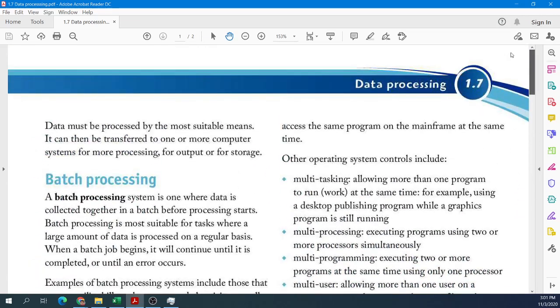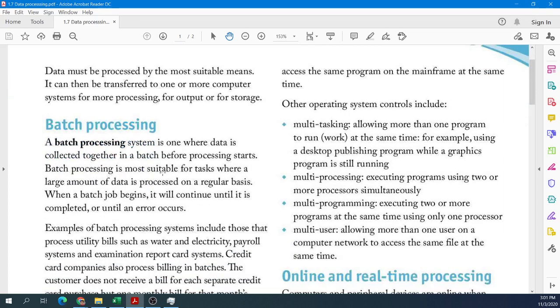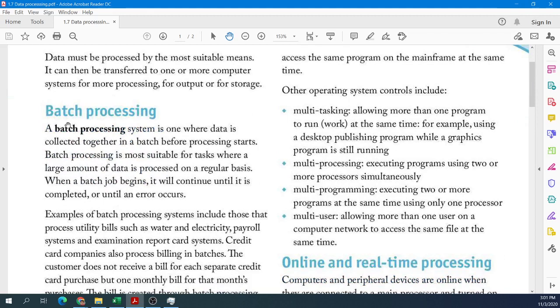Now, in review for today, we looked at data processing. In order for us to be able to make use of data, we need to process it first in some way that we can use it. So there are different ways that we can process data.